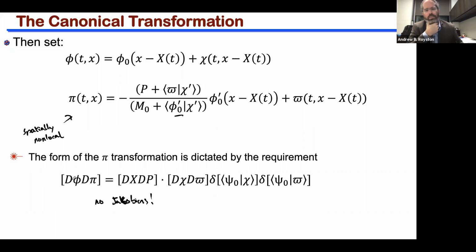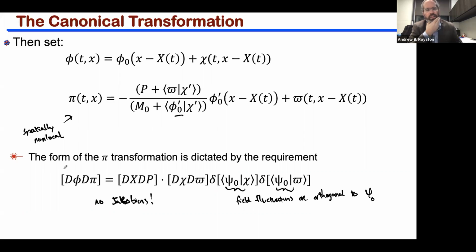So the original phase space measure becomes the phase space measure for x and p together with this new field theory phase space measure. And then here are the constraints that we mentioned. So these delta functionals are imposing that the new field fluctuations are orthogonal, with respect to that inner product that we had, to the zero mode.